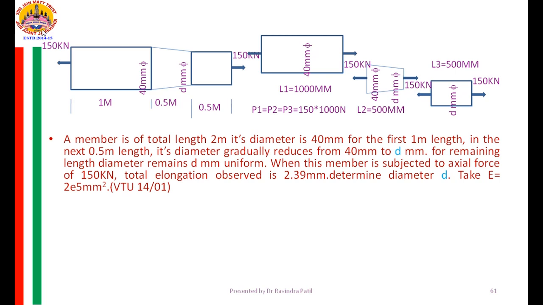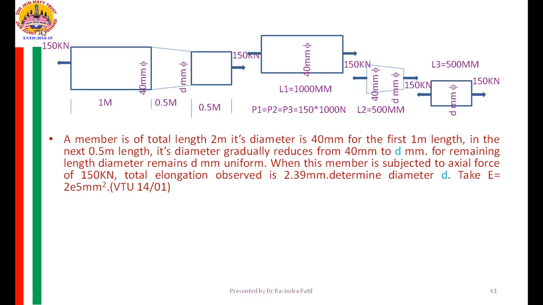The length of the first part is 1000 mm, the length of the second part is 500 mm, and the length of the third part is 500 mm. Therefore, what you are doing is calculating the deformation of the individual parts, delta 1, delta 2, delta 3. Then you calculate the total deformation: delta 1 plus delta 2 plus delta 3. In that, D is unknown to you.